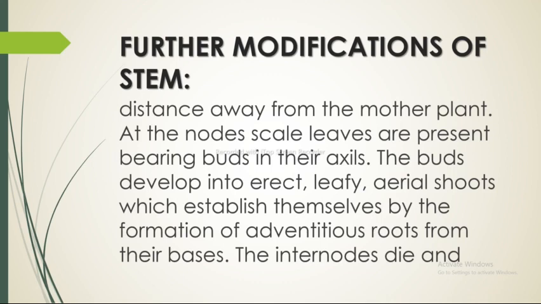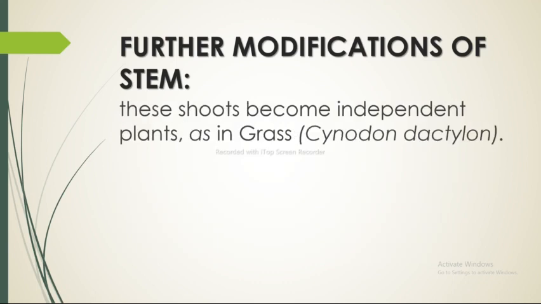The buds develop into erect, leafy, aerial shoots, which establish themselves by the formation of adventitious roots from their bases. The internodes die, and these shoots become independent plants, as in Cynodon dactylon.